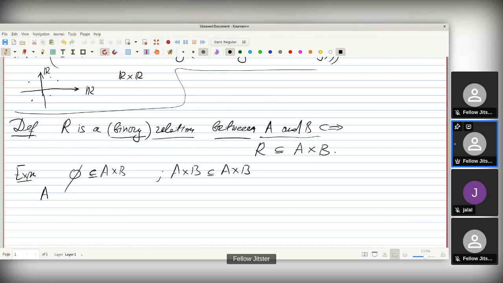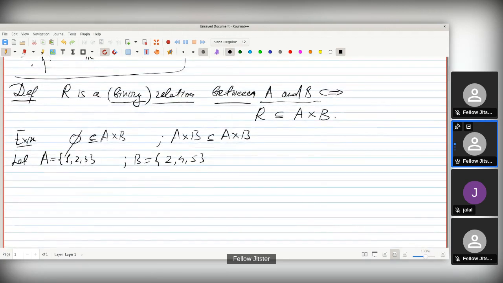Assume that A equals 1, 2, 3 and B equals 2, 4, 5. Which binary relations are possible?